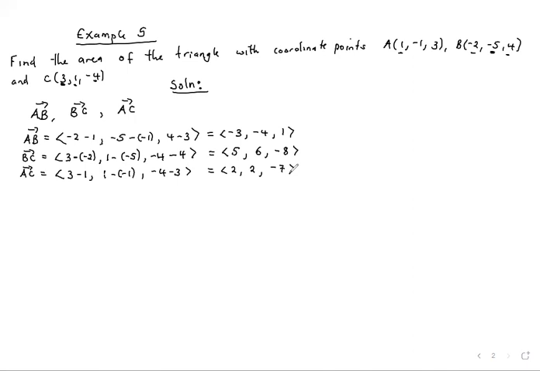Suppose we say this is A and this is B. Then we put C somewhere here. So we got vector AC, this vector here.